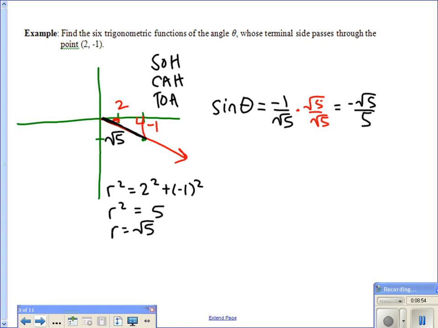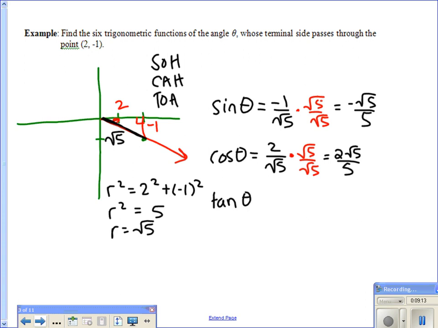So that would be for the sine. So then the cosine of theta would be equal to adjacent over hypotenuse, which is 2 over root 5. So then again, rationalize the denominator. And we end up with 2 root 5 over 5. Then the tangent of theta would be equal to opposite over adjacent, so negative 1/2.